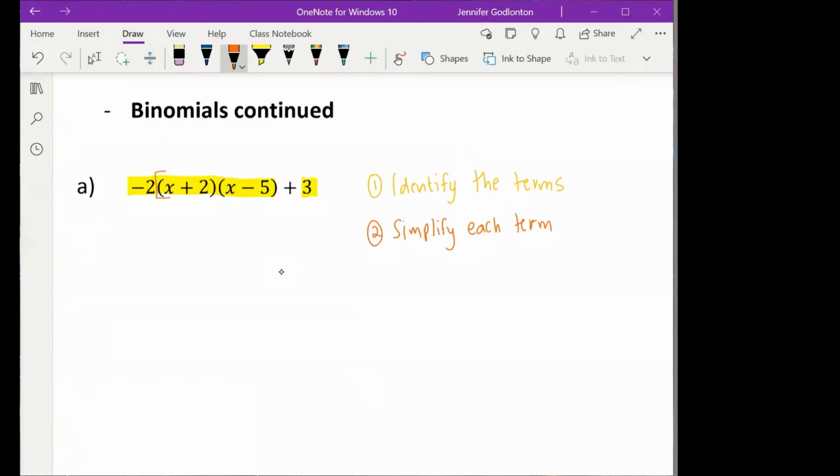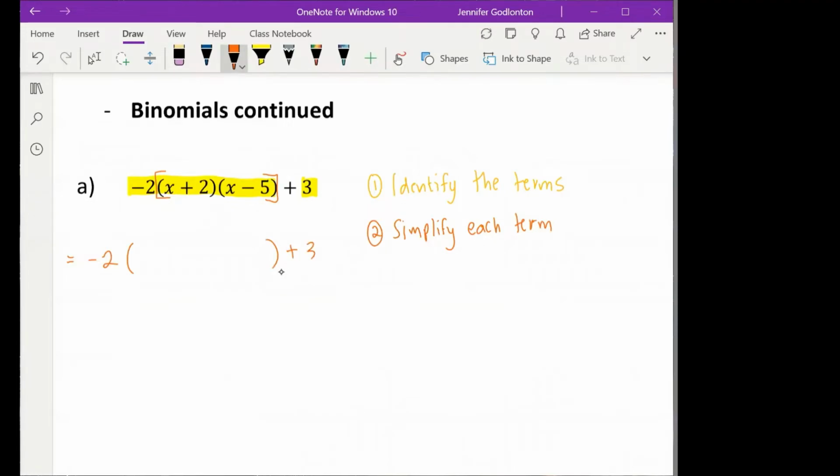And in the first term, the first thing I want to do is multiply those 2 brackets together. Those of you who are feeling confident, you're welcome to do this whole thing. Those of you who are struggling a little bit, I want you to just multiply those 2 binomials together. What you're going to land up with is a -2, and then 4 terms inside this bracket, and then a +3.